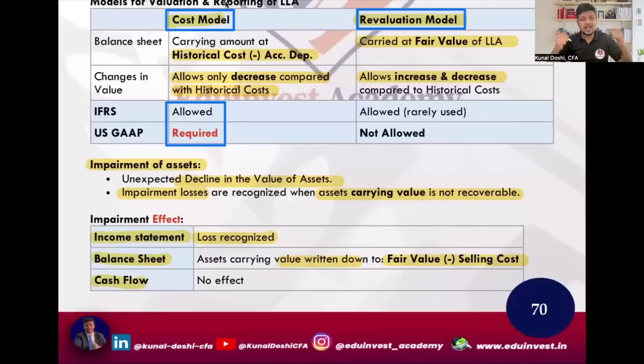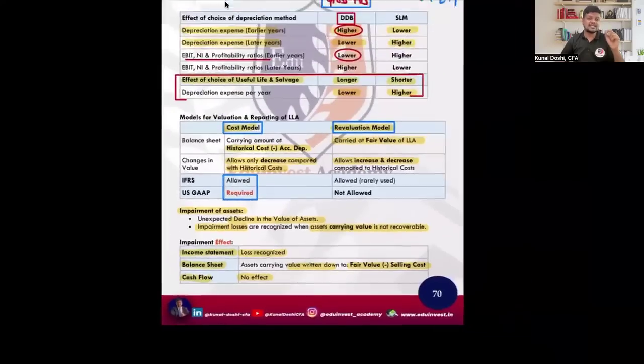Like inventory is written down, asset value is written down due to impairment loss. But is impairment a cash outflow? No. For cash flow, there is no effect because impairment is not real. It's notional. So it's not an actual loss. Like depreciation, write-down, and amortization, impairment is also non-cash. So there is no effect on the cash.